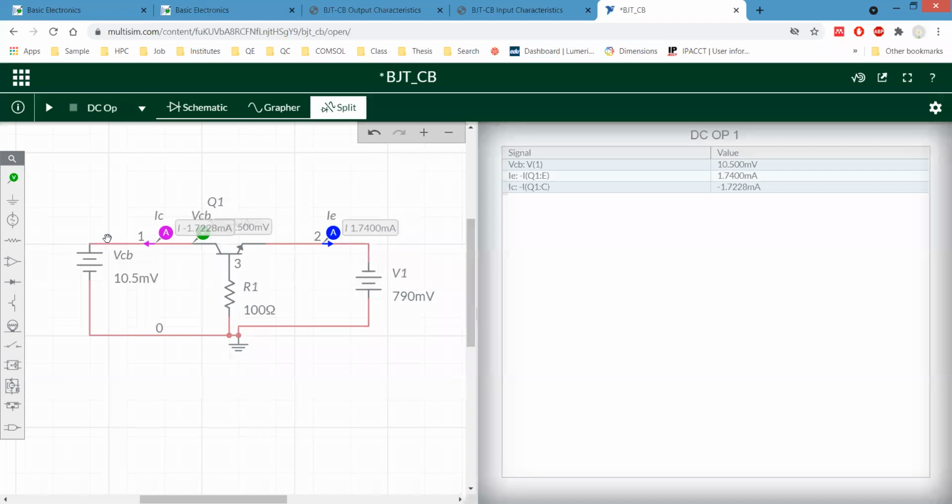This is VCB. Yes, this is VCB. And this is the collector current. And this is the emitter current. For this case, we have kept IE constant at 1 milliampere, 1.74 milliampere, let's say.